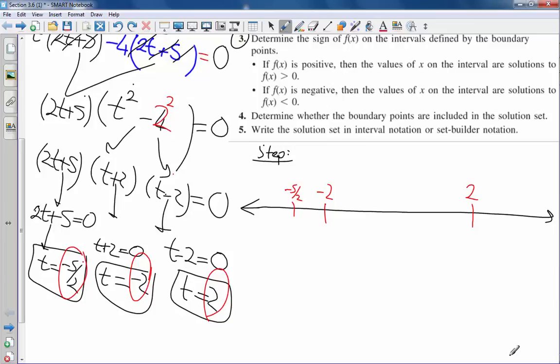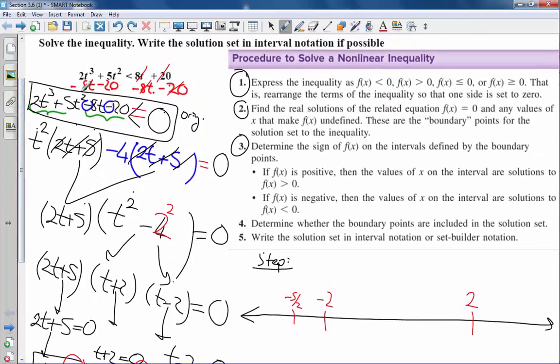Okay. So how did I determine these boundary points? They actually happen on 2 different occasions. First, you set the equation to 0 and see what values you get. Actually, there is one more occasion. The numbers that make this function undefined are also border points or boundary points.